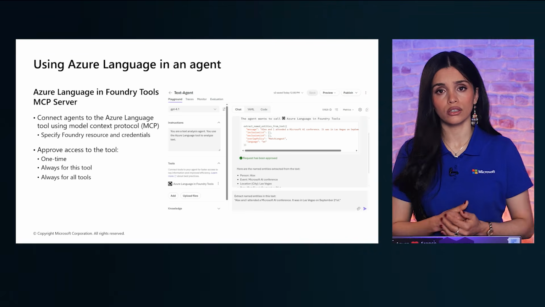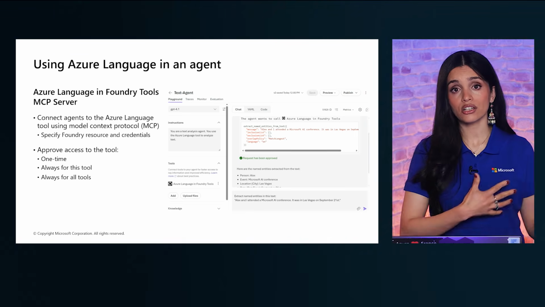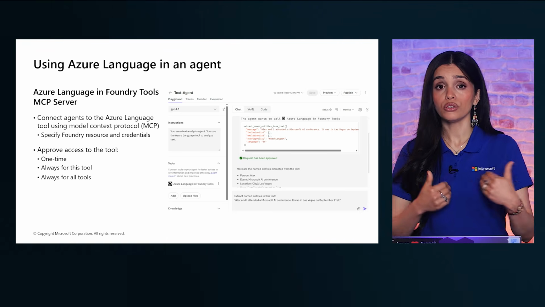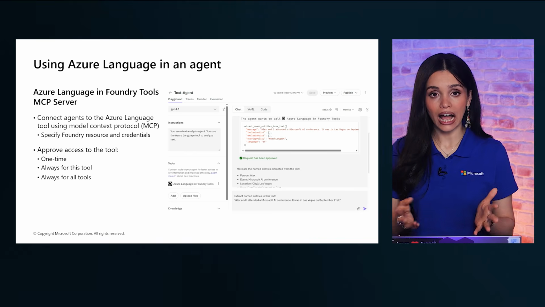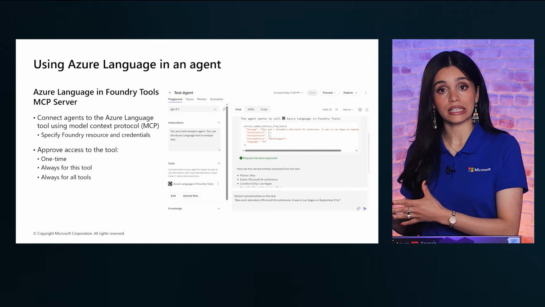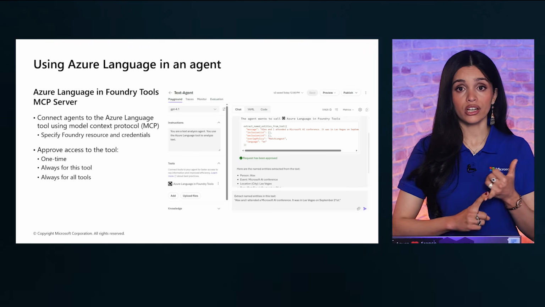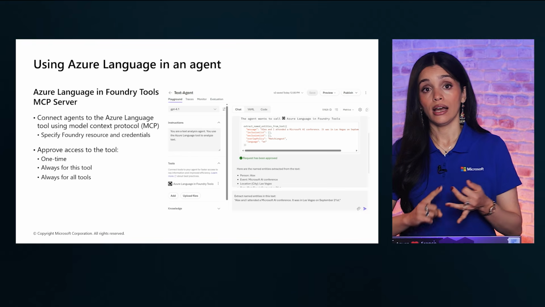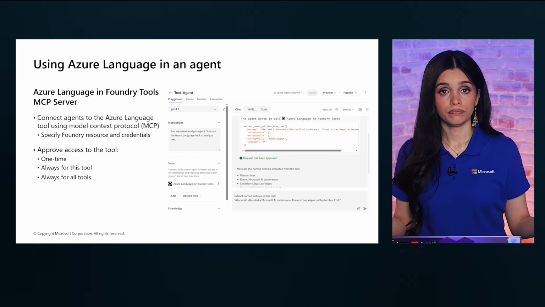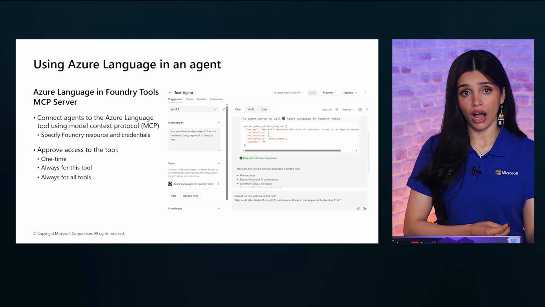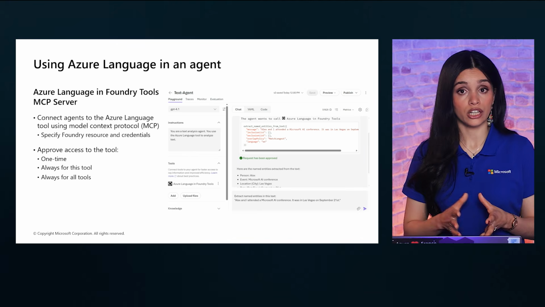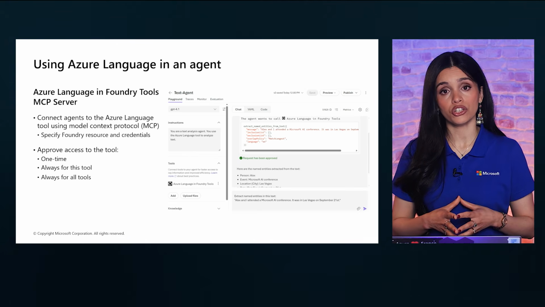Instead of hard-coding logic, the agent is given access to tools like Azure Language and can decide when to use them. In this case, the Azure Language MCP server exposes language capabilities such as language detection, entity recognition, PII detection, and also text analytics for health. To connect an agent to Azure Language, we configure the Foundry response, the credentials, and the MCP connection.